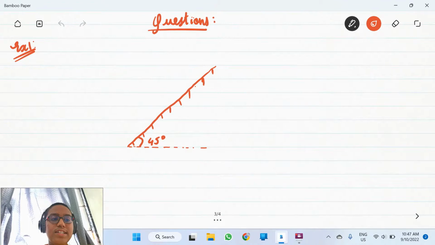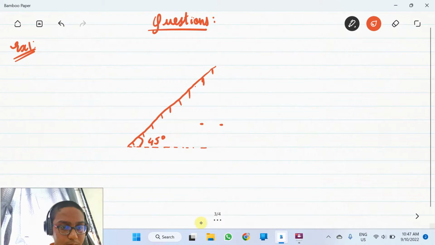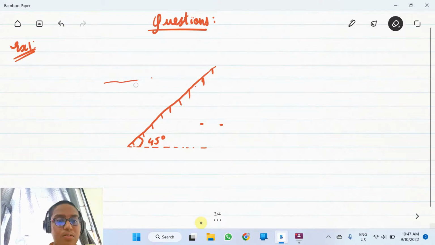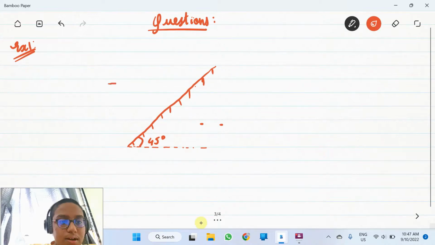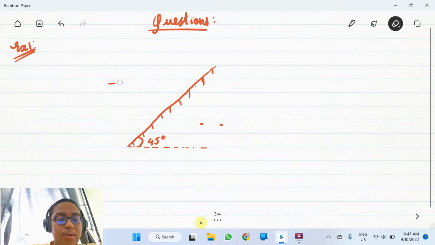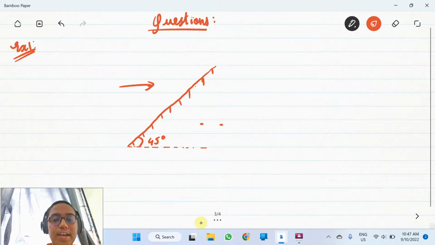So this is a mirror. We are taking one arrow like this. So we are taking this arrow.